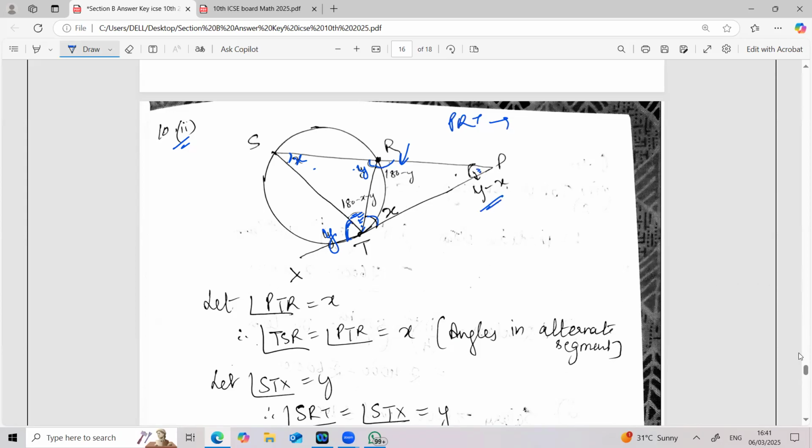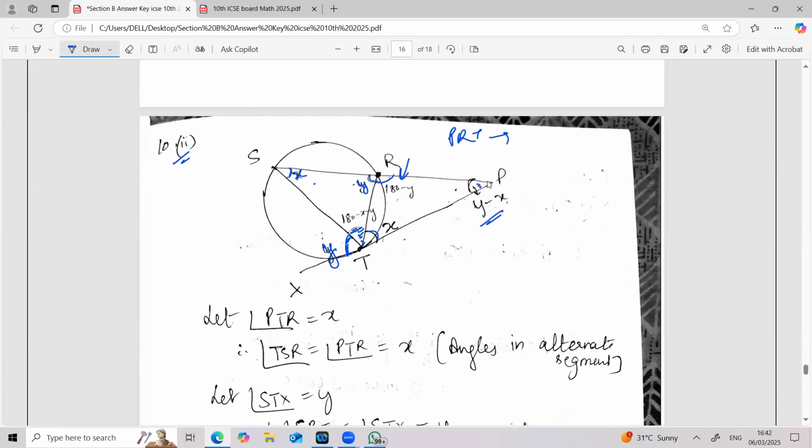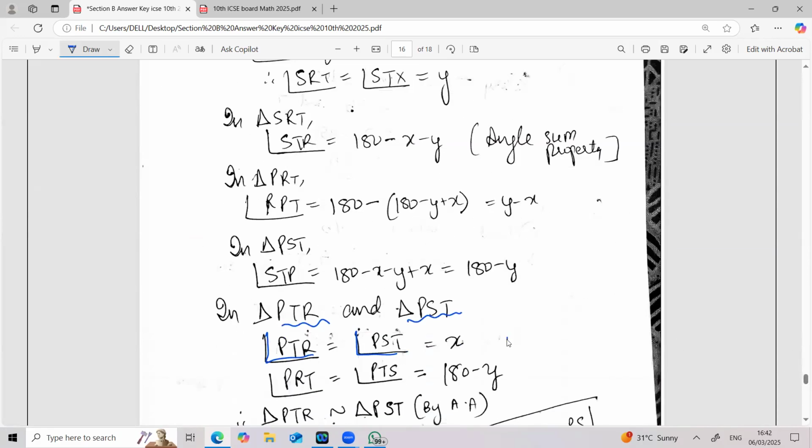Now let's keep all this aside and now start with similarity. In triangle PTR and PST, angle PTR and PST both happen to be x. See here? So in PTR, PTR angle is x, and in the big triangle PST, S angle is x. Okay, so that's done.